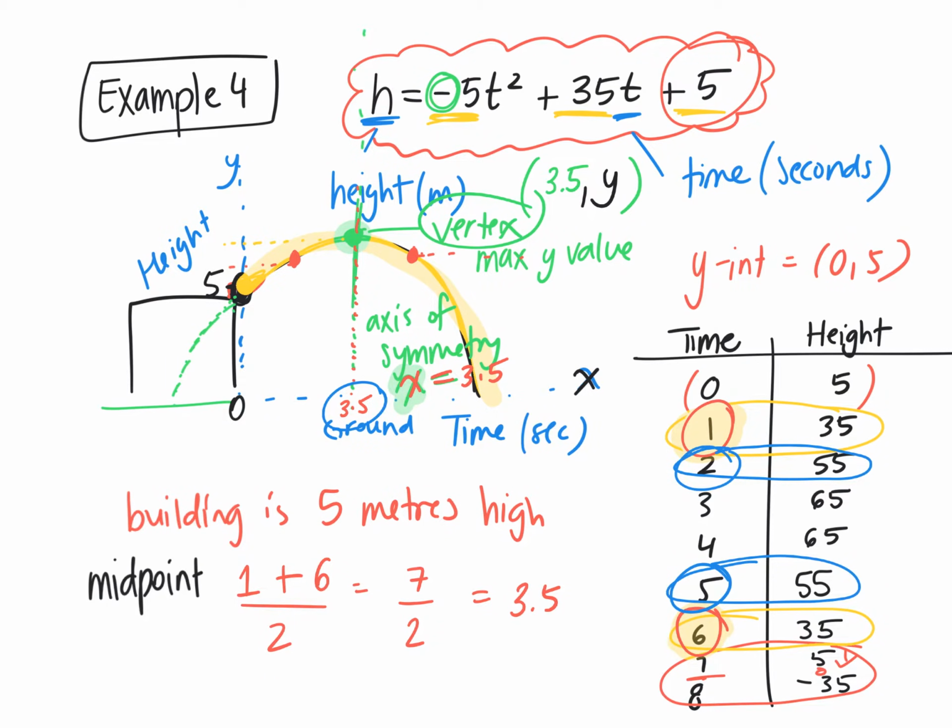We're trying to figure out the maximum height of the rocket. How high did the rocket go? We're trying to figure out the y value of the vertex. Well, if you know the x value of the vertex, can you use that information and figure out y? Yeah. How? Plug it into the equation, right?